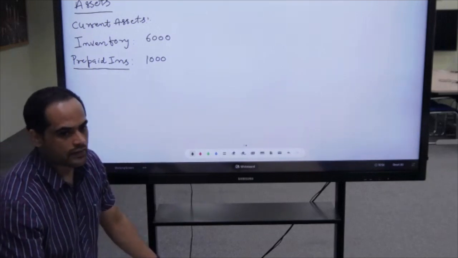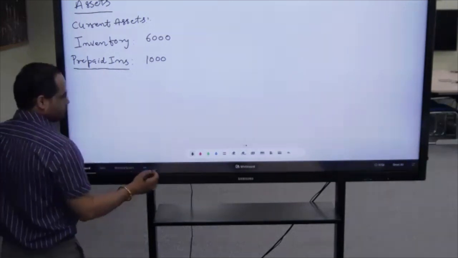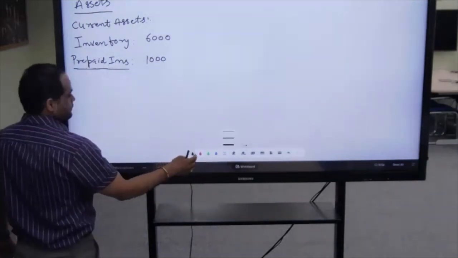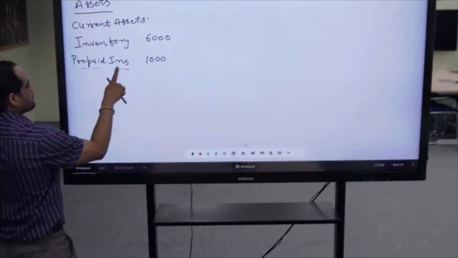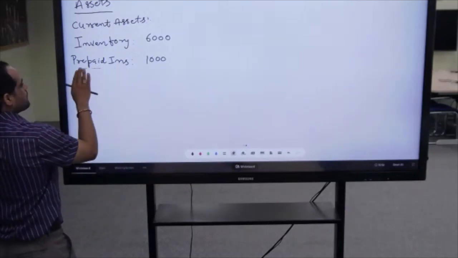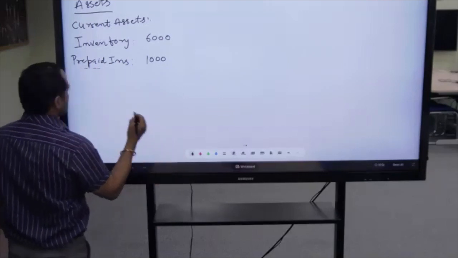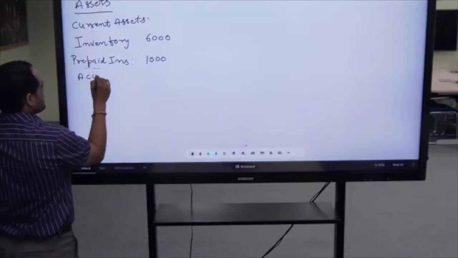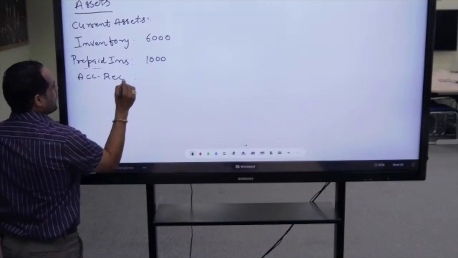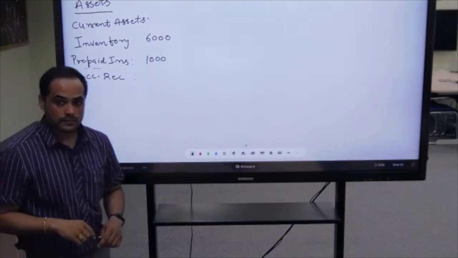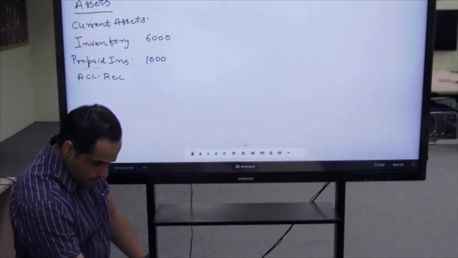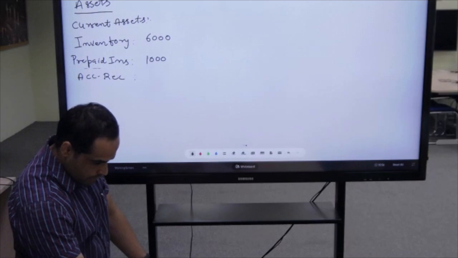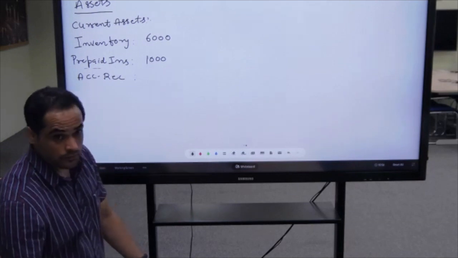Accounts receivable, that's right. How much is accounts receivable?